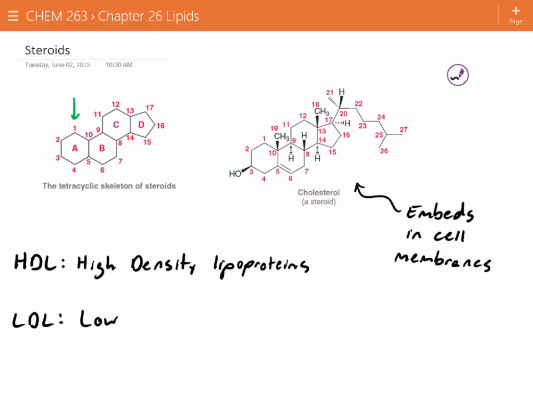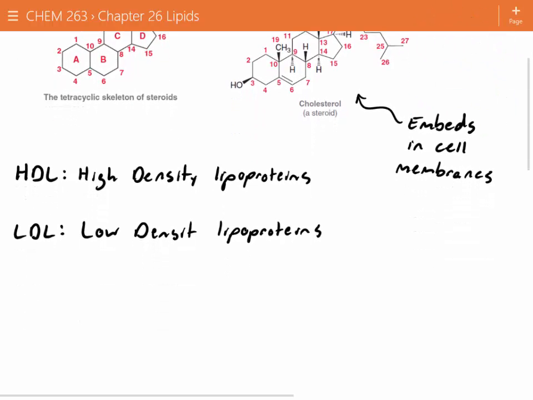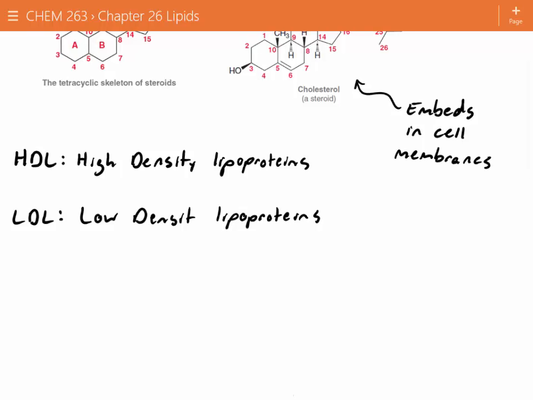LDLs are low density lipoproteins. Has anybody taken the nutrition class here? Nobody? A couple people? All right, so LDL takes cholesterol from liver to cells.